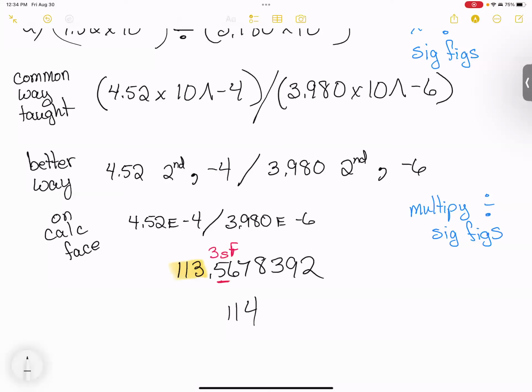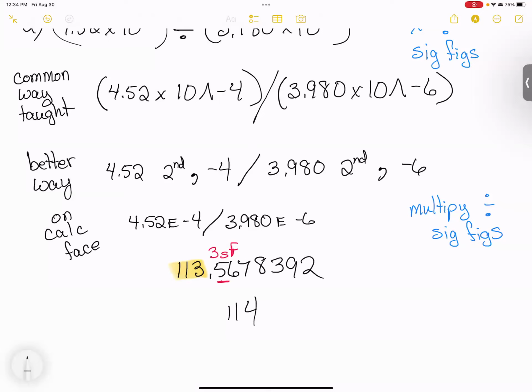What I was describing is most people still have TI-83, TI-84s because they're cheaper. And if you have a TI-83, TI-84, that is how you would key it in. But if you have something that is newer than a TI-83 or TI-84, then come see me because I'll have to look at your calculator.